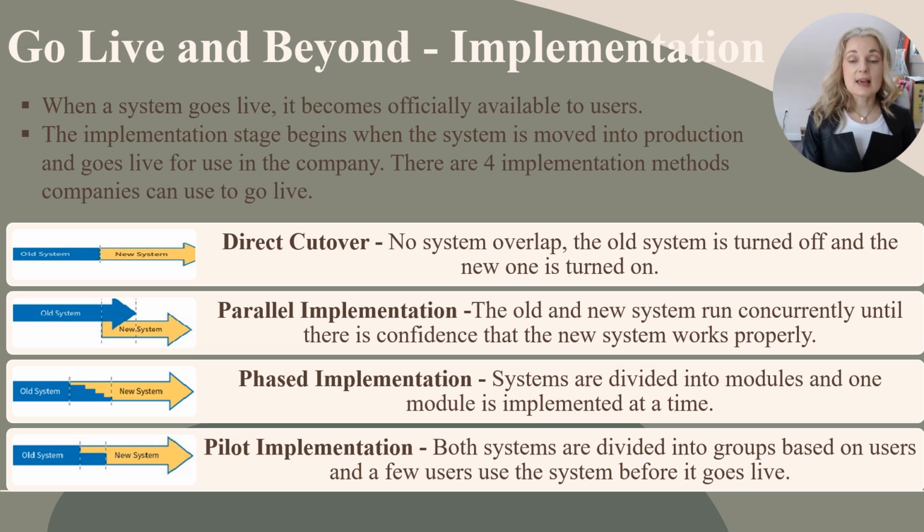Another implementation option is utilizing phased implementation. In this case, systems are divided into modules, and one module is implemented at a time. So for example, we might start with implementing the finance module. The finance module goes live, the finance people use that module.